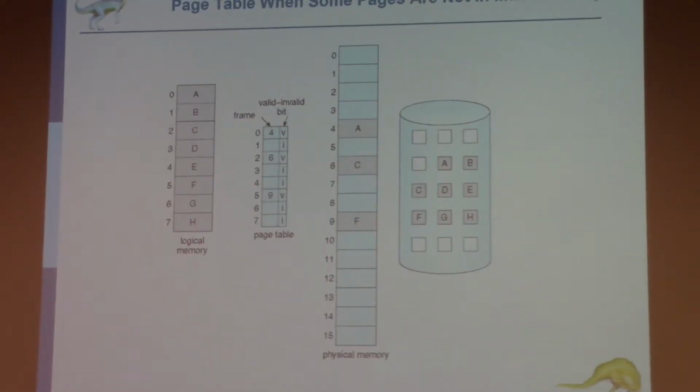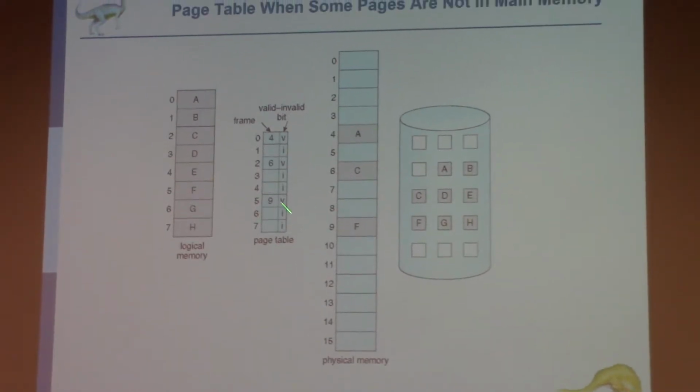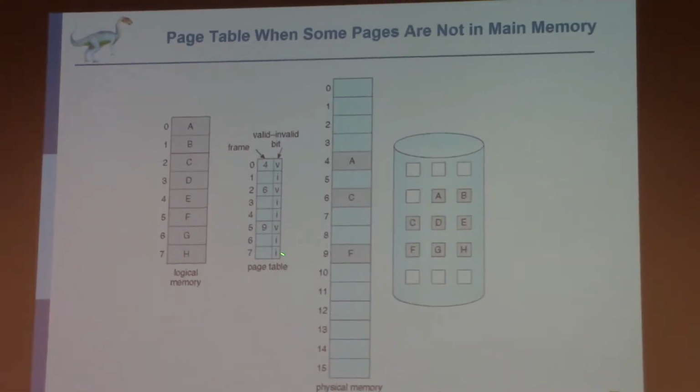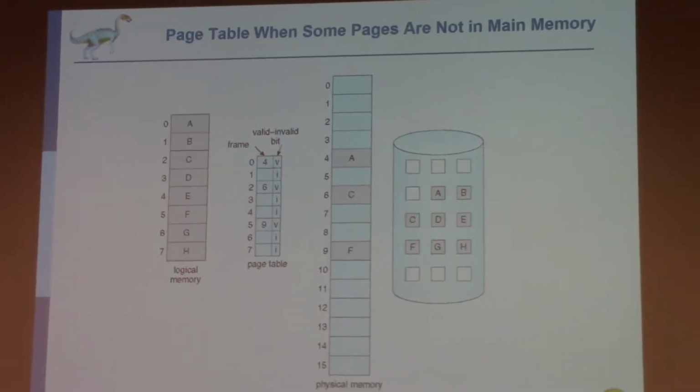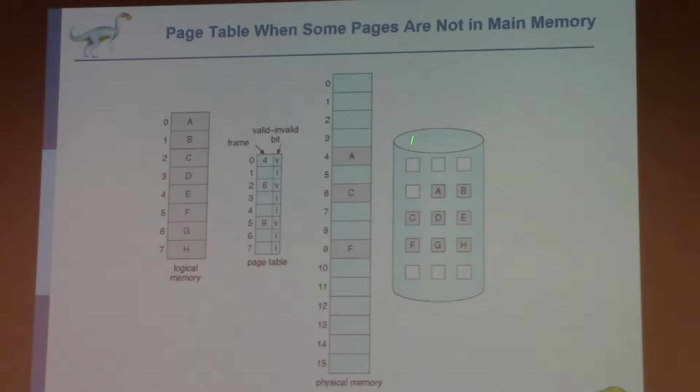So this is a little more detail of the page table, from the schematic diagram of the pages. You can see that this is your program. This is the physical memory. This is the virtual memory space. And this is the page table between the logical memory, your program, and the physical memory, but it has more: the valid-invalid bit.